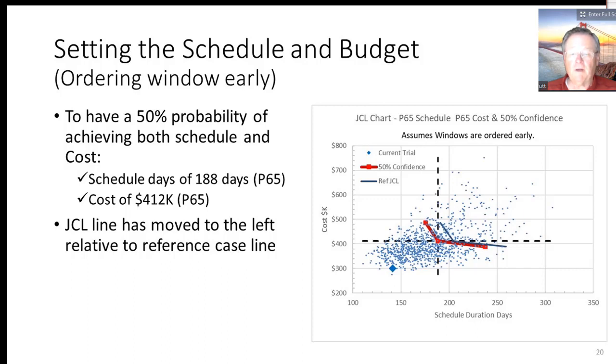The scheduled days are 188 days, which is really the P65, so this is going to be the 188, and a cost of 412, which is the P65. Here's 412. We then get our 50% down here in this quadrant.